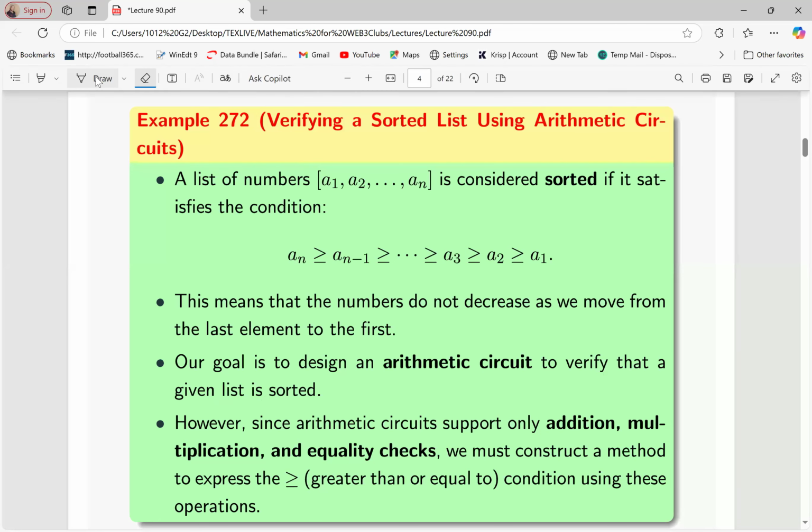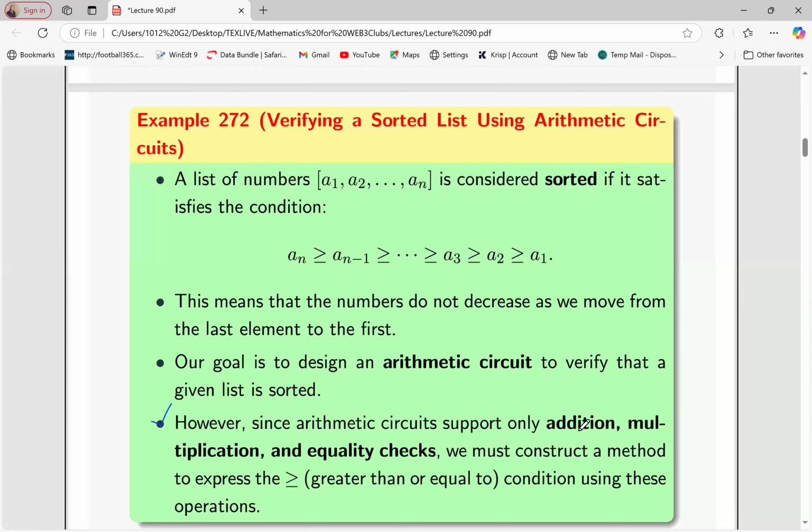Now, I'd already mentioned that the arithmetic circuit uses only addition and multiplication, and then equality. We have addition, multiplication, and equality, but we do not have greater than or equal to.